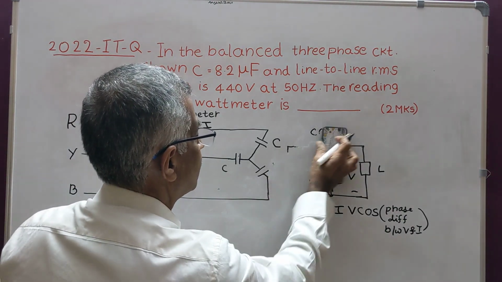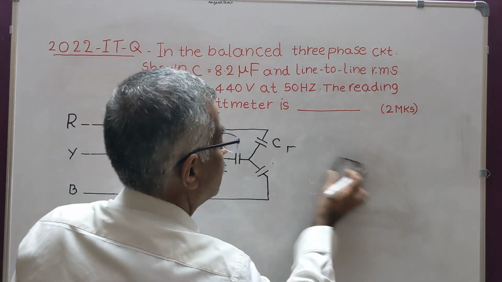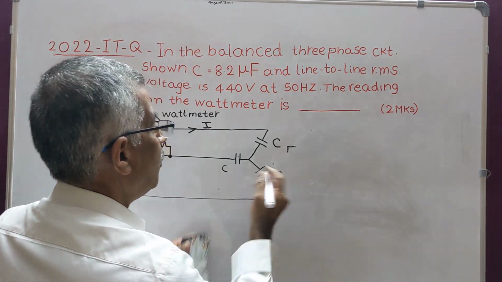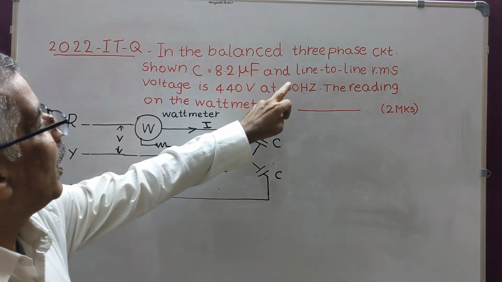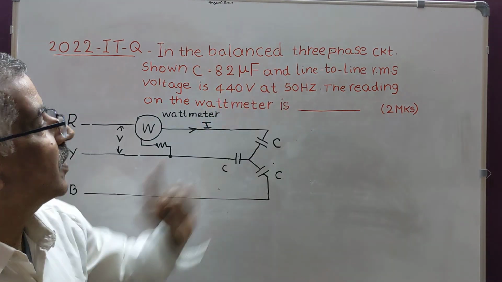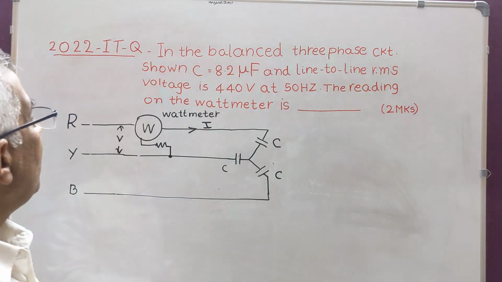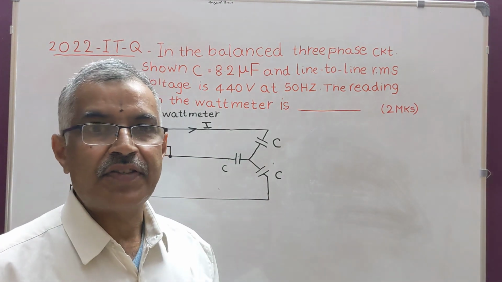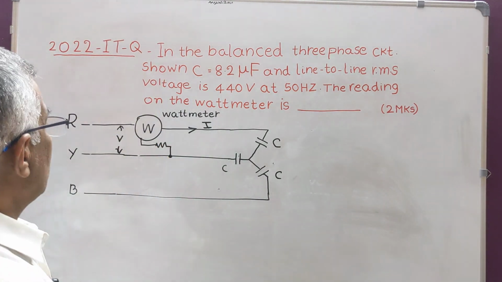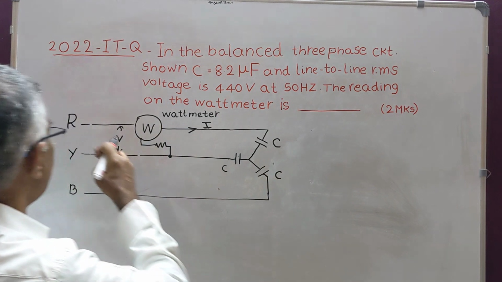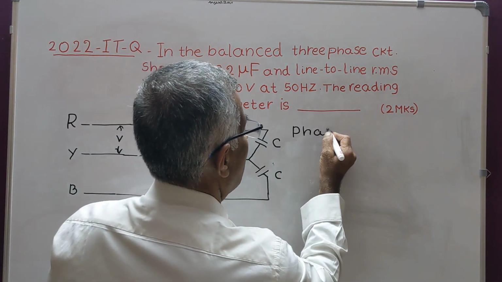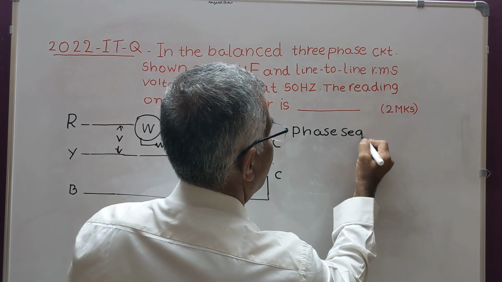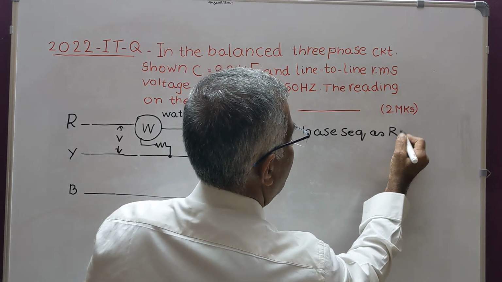And coming to three-phase supply, line to line voltage is 440 volts at 50 hertz, and the sequence is not given in this problem. Therefore, I will assume the phase sequence as RYB. So assume phase sequence as RYB.